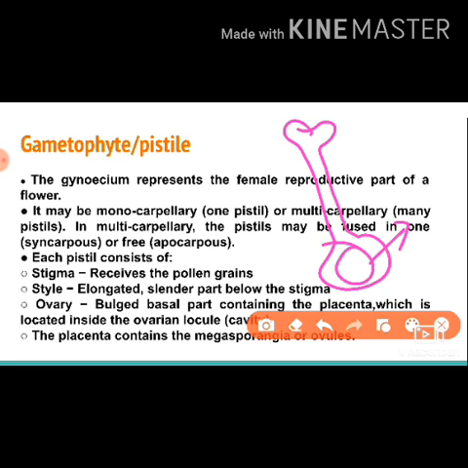The ovary may contain a number of ovules, and these ovules are located in the locules of the ovary. For example, if I draw the diagram like this, these are the locules of the ovary.